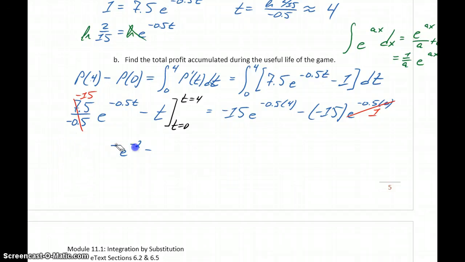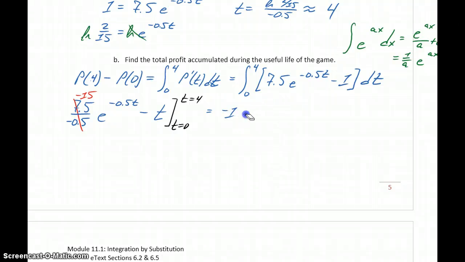I apologize, I'm making more than a few mistakes in this problem. Let's go back a couple steps here. I was leaving out this second term completely.